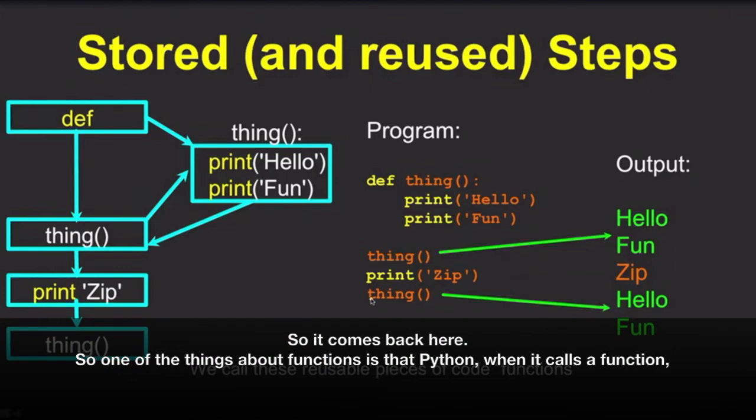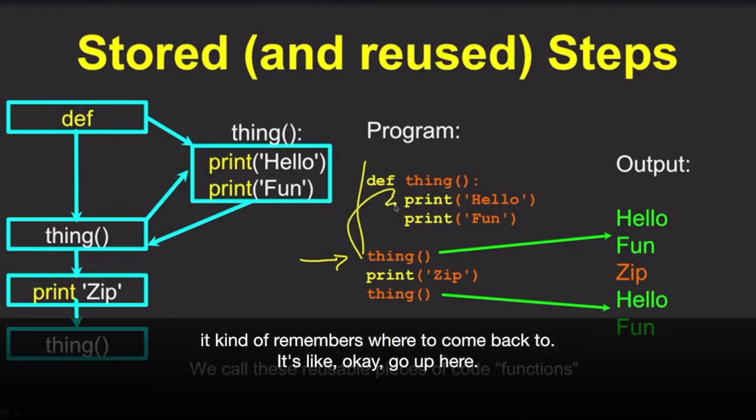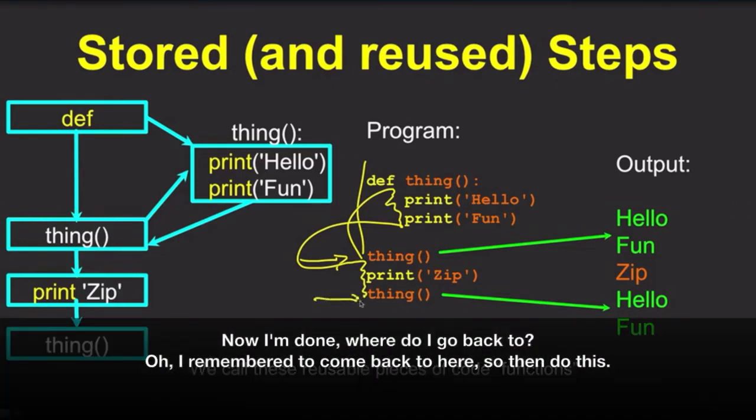So it comes back here. One of the things about functions is that when Python calls a function, it remembers where to come back to. It's like, okay, go up there. Now I'm done. Where do I go back to?